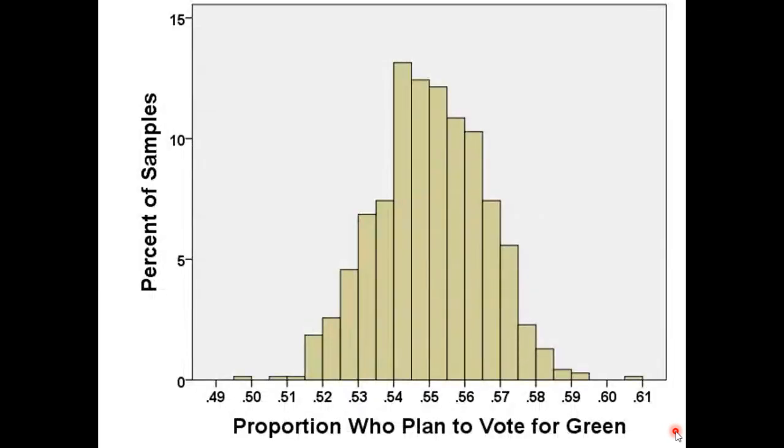There is one more important fact about the sampling distribution that you should know. Its shape. As you can see, the sampling distribution is normal, or at least very close to normal. And in most cases that you'll run into, the sampling distribution will be normal or close to normal like this one.